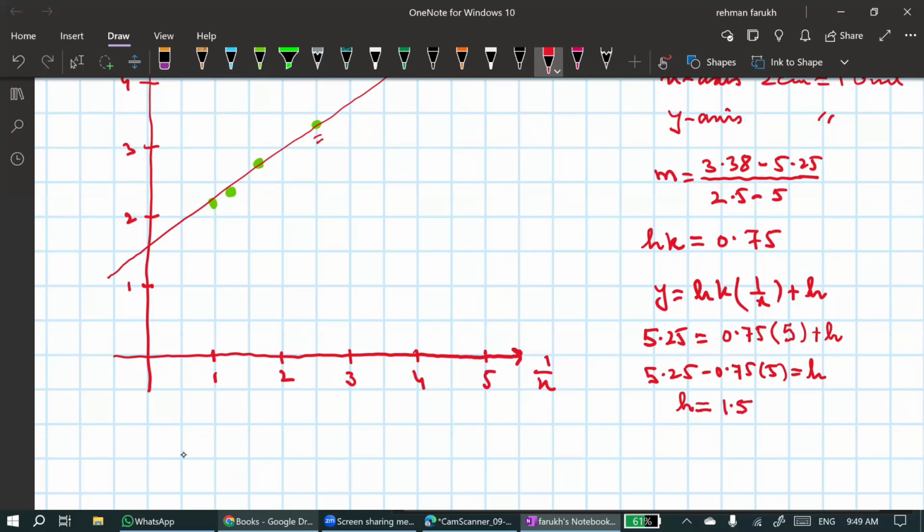Yes sir. Now we will put this value of h into this equation to get the value of k. 1.5 k is equal to 0.75. What's the value of k? 0.75 divided by 1.5.